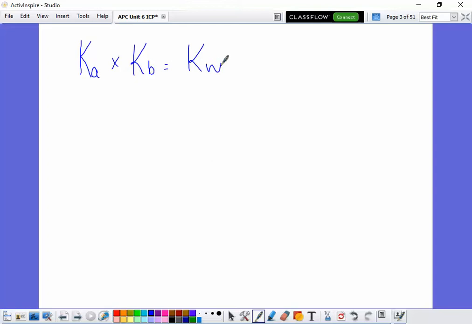What else does Kw equal? Yeah, it's 1.0 times 10 to the negative 14. That's on your formula sheet. Is there another formula that we have that involves Kw? Yes.